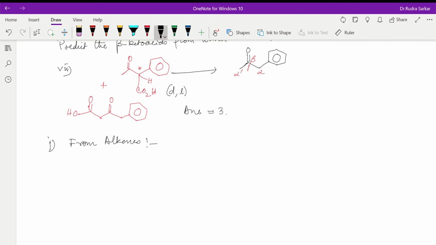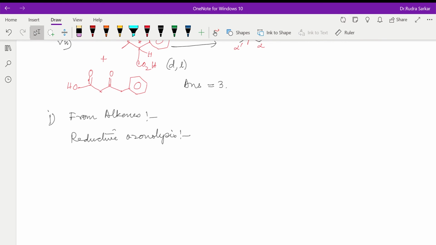Okay. So basically what we are doing over here is called a reductive ozonolysis. Okay. The mechanism of which we have already discussed in the hydrocarbon chapter, so we are not going to be discussing it over here.